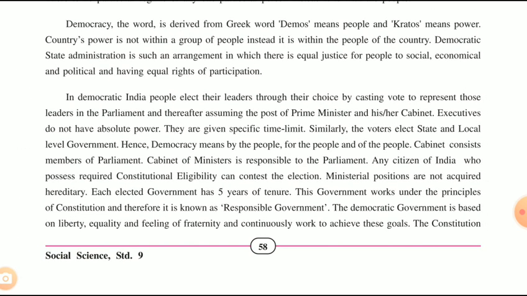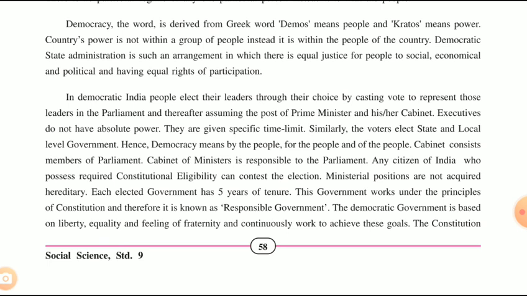Every 5 years an election takes place in India, and any citizen who is 18 or above can cast their vote and elect their representative. These elected representatives are from different parties, and the majority party is elected.